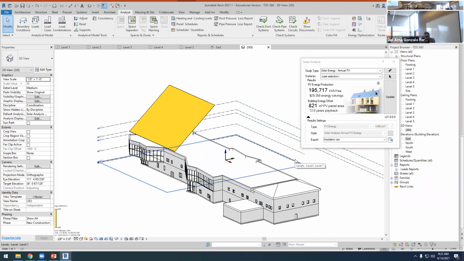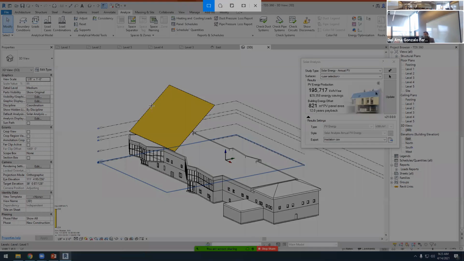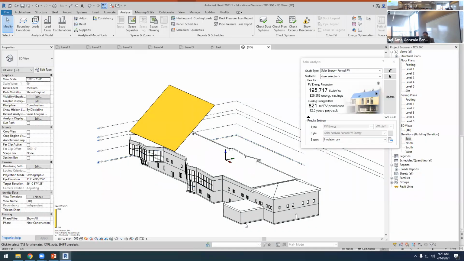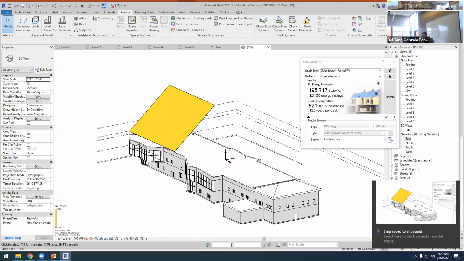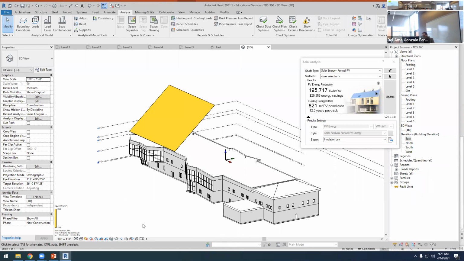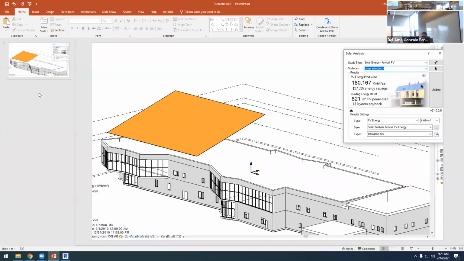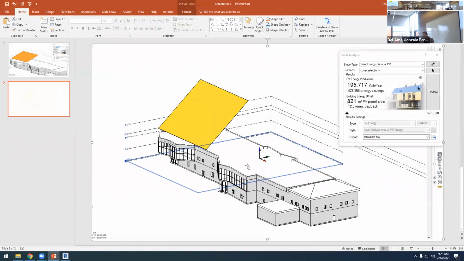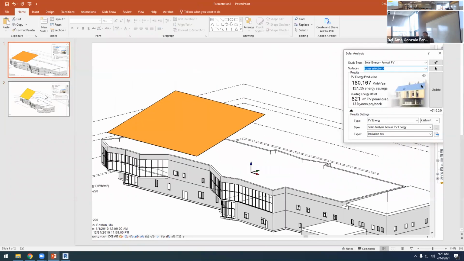But anyway, we can take another screenshot here. And we can place it here. And now the difference between this option and that option is the angle.